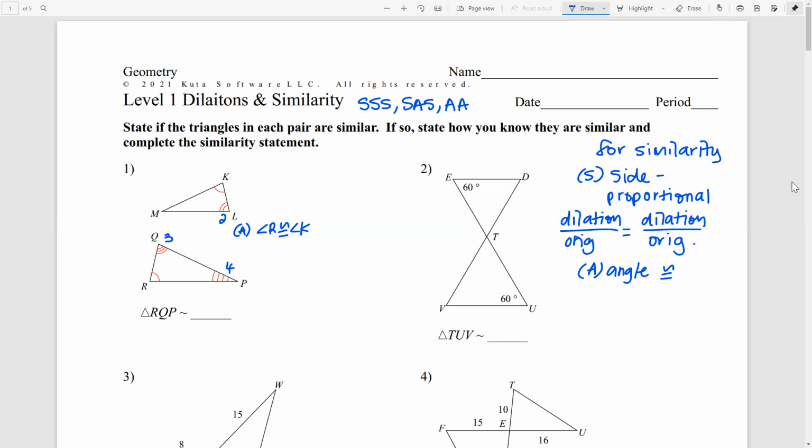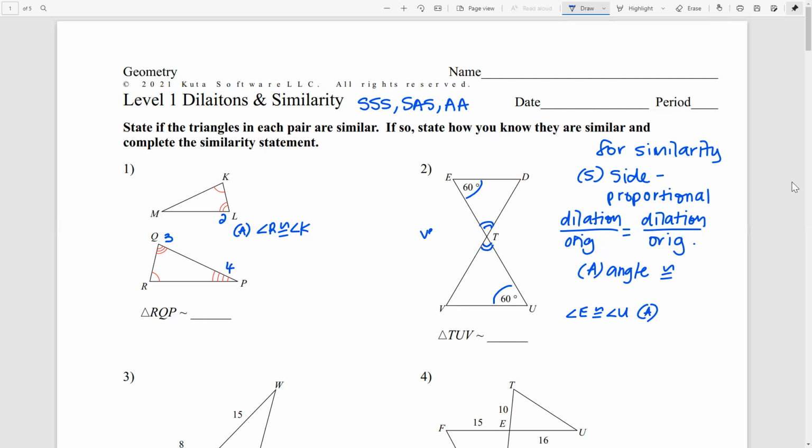Number 2, I do have these 60 degrees that are exactly the same measure. So angle E is congruent to angle U. That's one angle for evidence. And then the other portion that we are noting, because these triangles do intersect, we have created some vertical angles.